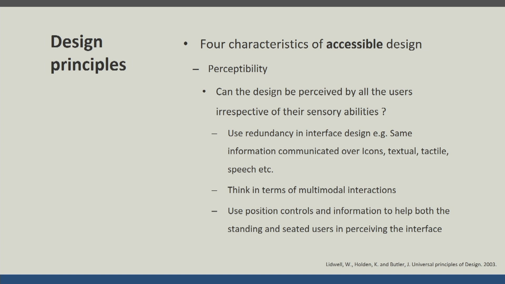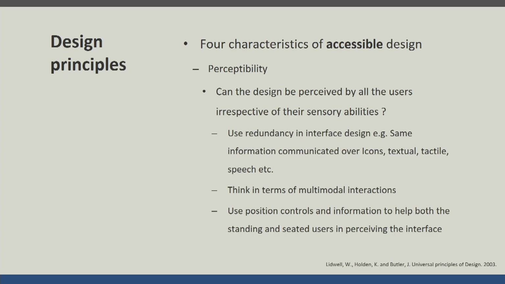You pass on the same information on two different channels, and that is like bringing redundancy into the interface design. So how do you bring uniform perceptibility for all different users? You do it by bringing some redundancy into the information design.